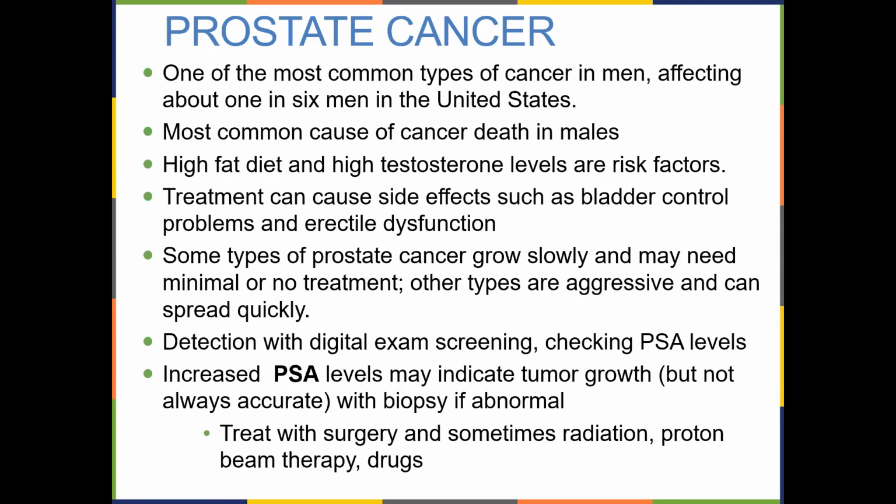Because remember, your family physician in a family practice is going to do digital rectal exams maybe once a week, twice a week, whereas your urologist is going to do about 10 of them a day. And so they're trained to detect it. You may think you have a bump.